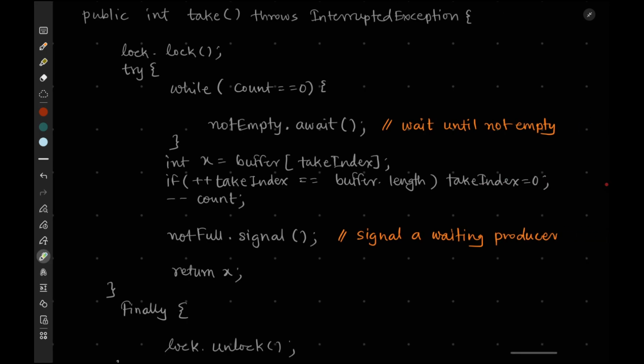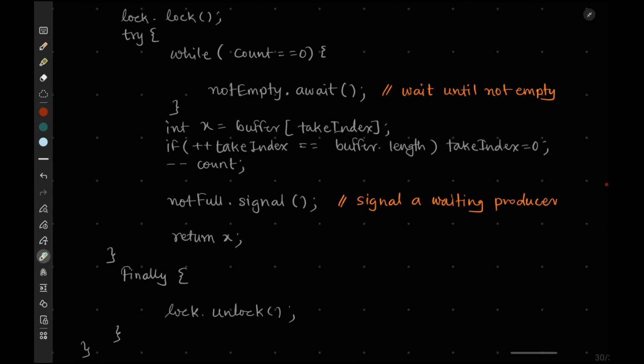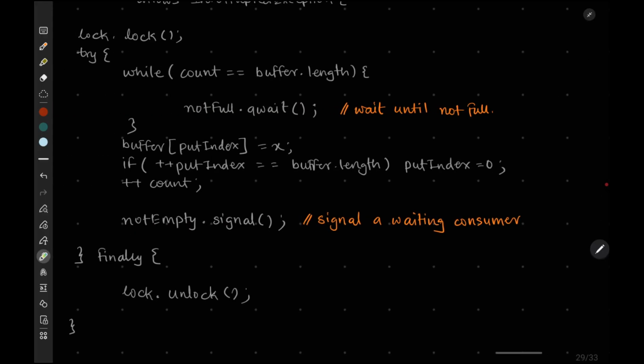And when will it be reacquiring the lock? When the consumer unlocks and the lock is available, at that time the producer will acquire it and return from here, and then it can perform the rest of the things.